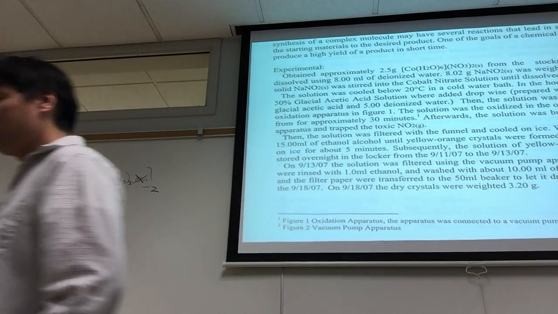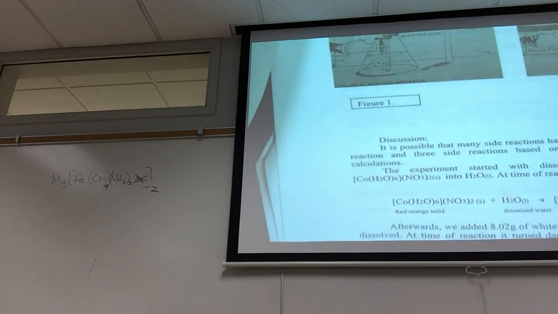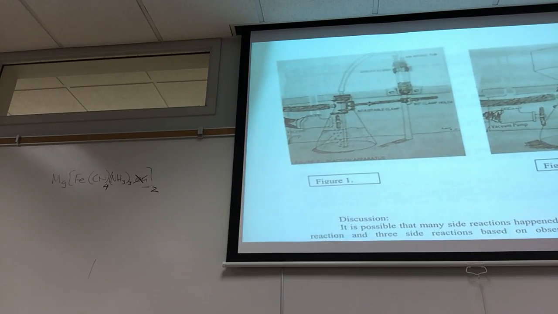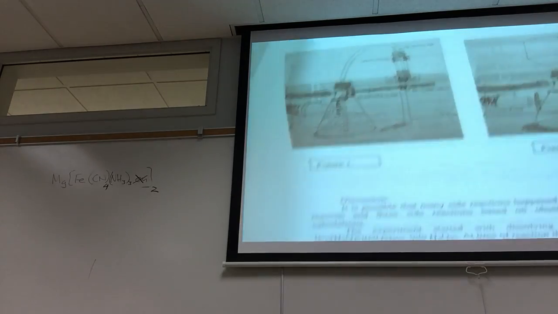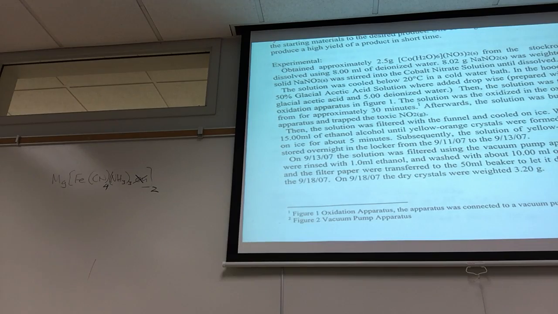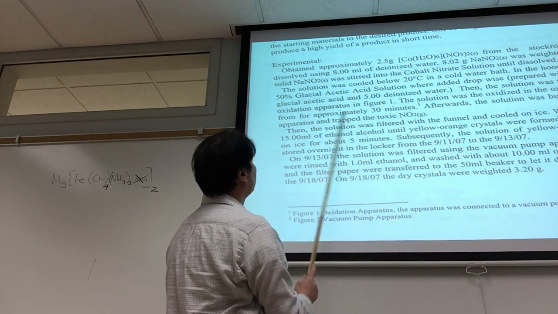So what's the oxidation apparatus in Figure 1? They added a couple of figures here, Figure 1 and Figure 2. These are actually from the lab manual. These are hand-drawn figures. The solution was oxidized in the oxidation apparatus.